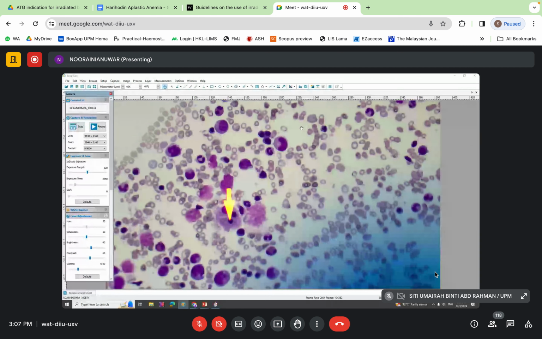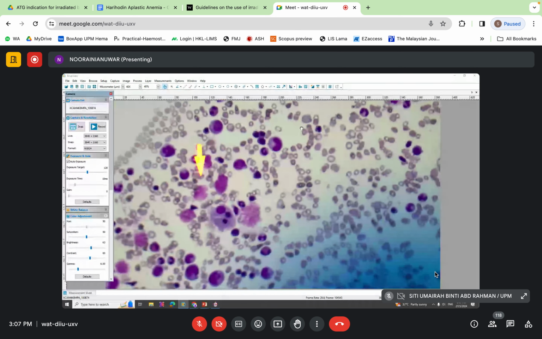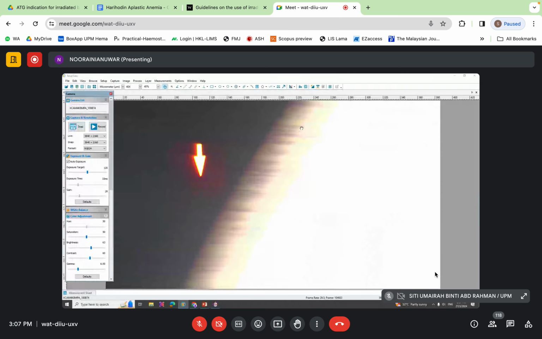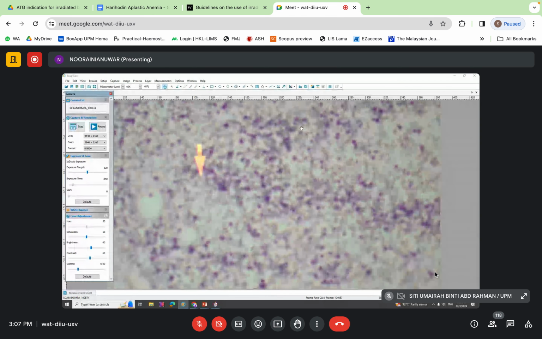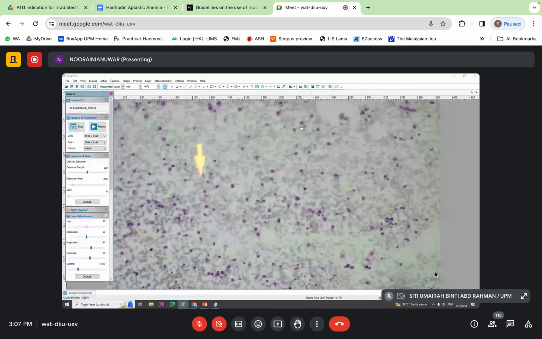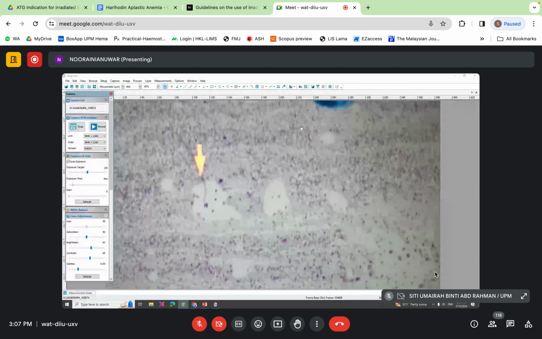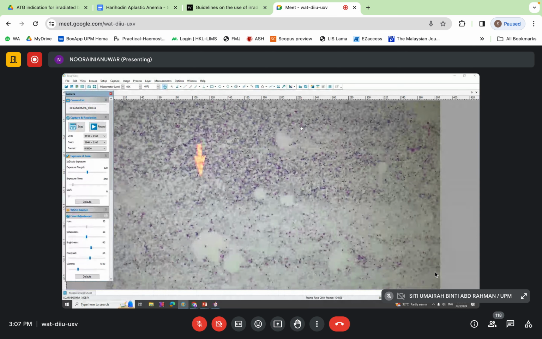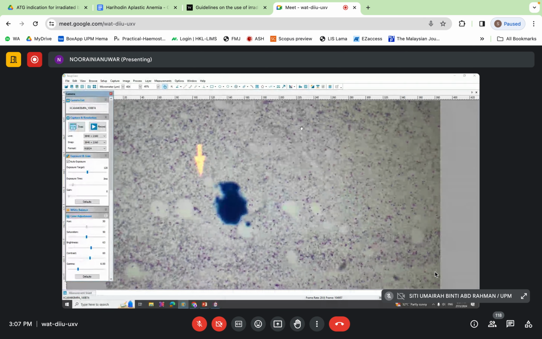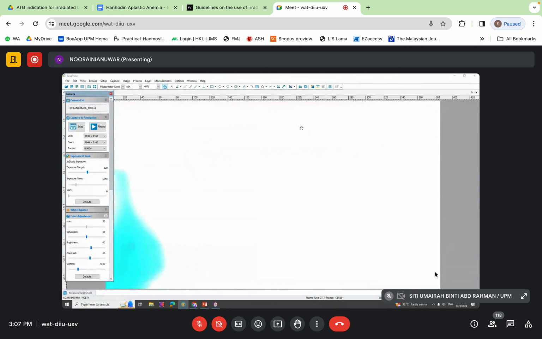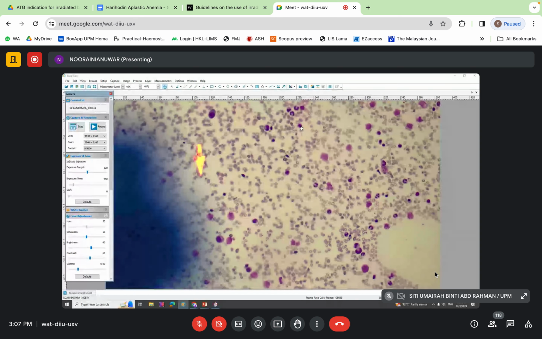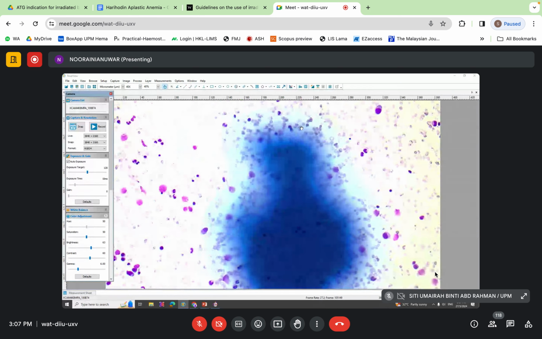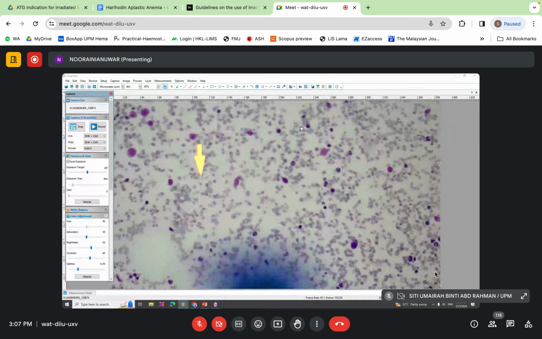You can see it very clearly engulfing the cell. It's a macrophage. It's not that common, so you have to look for it.